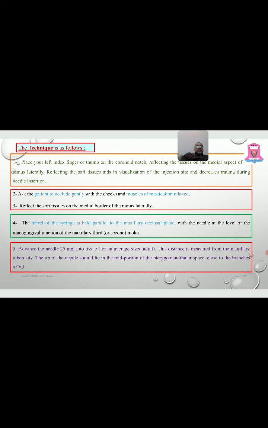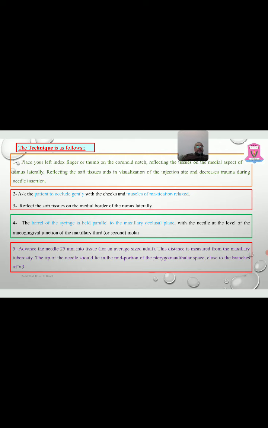The barrel of the syringe is held parallel to the maxillary occlusal plane, with the needle at the level of the mucogingival junction of the maxillary third molar or second molar. Advance the needle about 25 mm in the tissues. This distance is measured from the maxillary tuberosity.